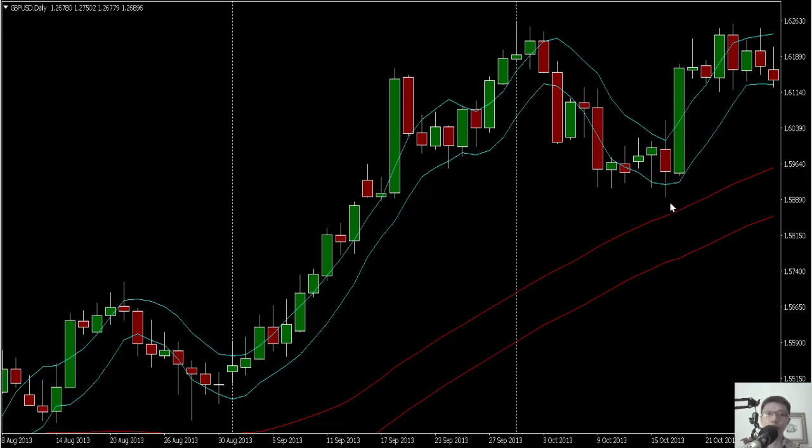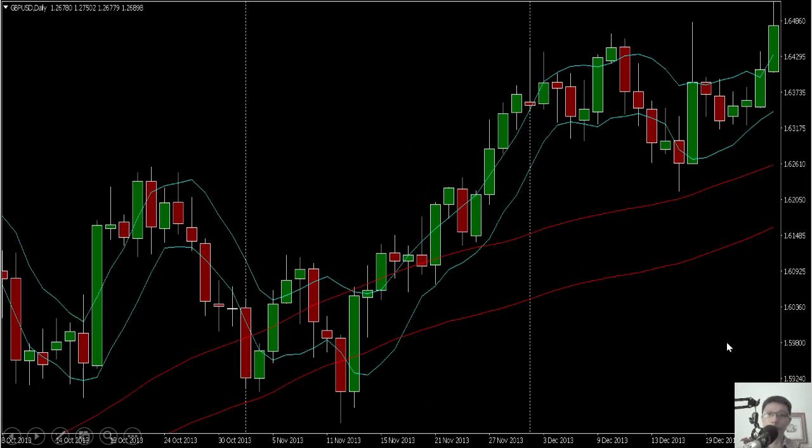Let's see another example. Here we can see that this low moving average can act as a dynamic support.